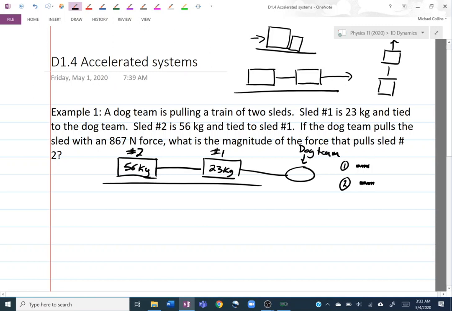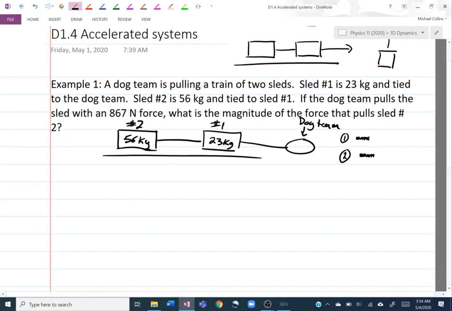If the dog team pulls the sled with an 867 Newton force. Okay, so now we're going to have to talk about forces. I'm going to redraw this diagram, because I've got a bunch of extra things in it that will get in the way of drawing an appropriate free body diagram. So here is my sled number two, and here is my sled number one. I'm going to get my red pen out to draw my forces.